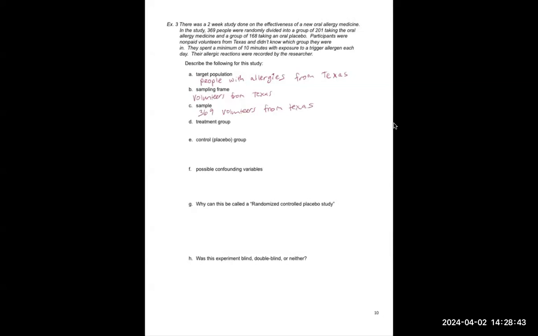The treatment group, it would say they were divided into 201 taking the oral allergy medicine.